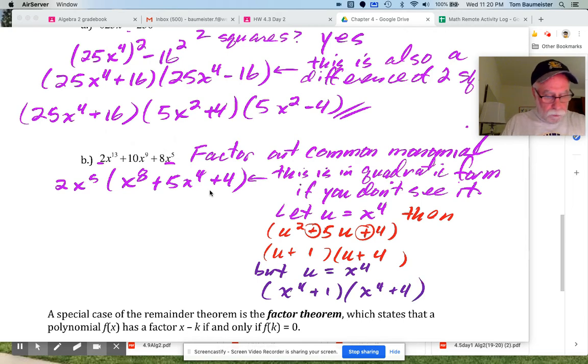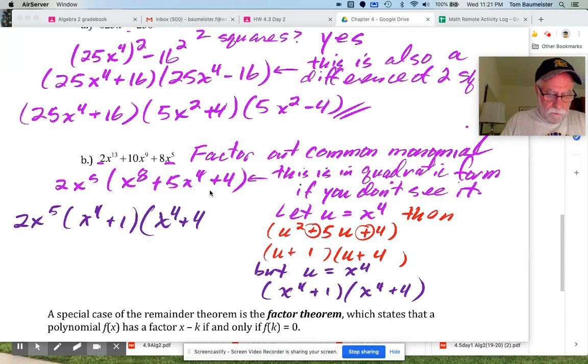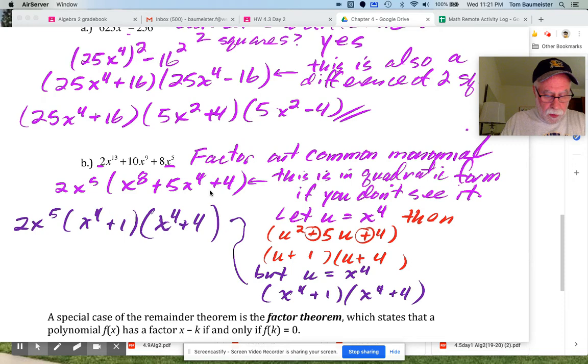All right? So then that, we'll just go ahead and put the answer over here, means that we're going to replace that with 2x to the 5th, x to the 4th plus 1, x to the 4th plus 4. And then we are done with that one.